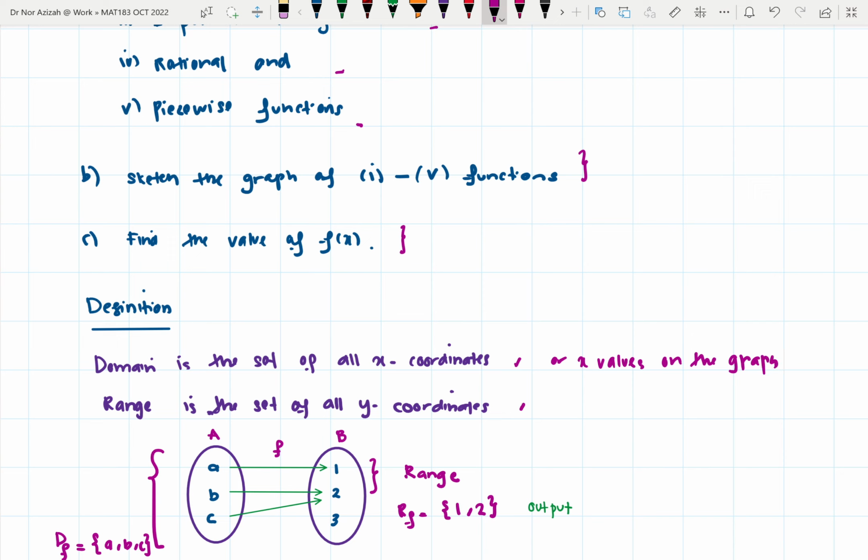Okay, and then the range is the set of all y coordinates or y values on the graph. Domain is on the x-axis, range is the y values on the y-axis.